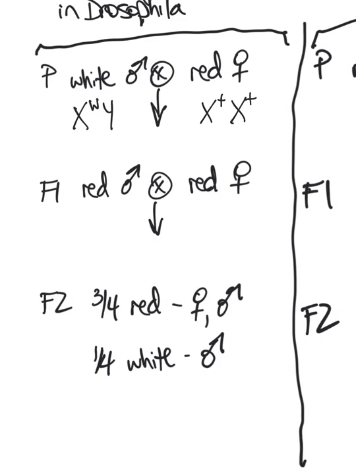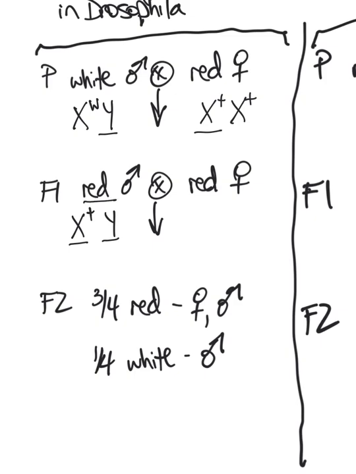Now in the F1, the male will inherit an X chromosome from the parental female and will inherit a Y chromosome from the parental male. The X chromosome here came from the parental female, so that would be an X plus, right? The Y chromosome here came from the parental male. Because this F1 male has an X plus allele, he should have a red eye, which we see he does.